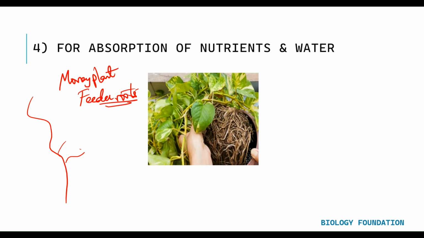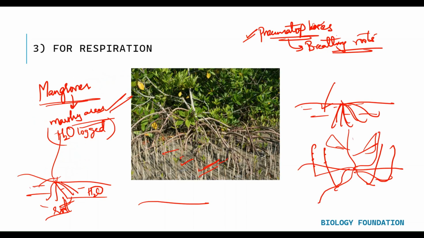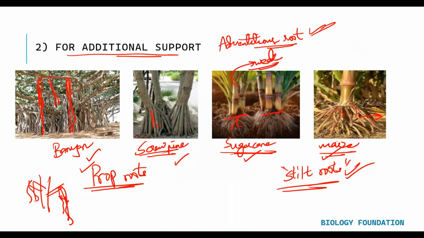So in money plant, the money plant develops fibrous roots. That means tufts of roots start developing from the stem, and these reach the soil and absorb the nutrients and water, and those roots specifically are called feeder roots. So these are certain modifications that can be seen in the root system.